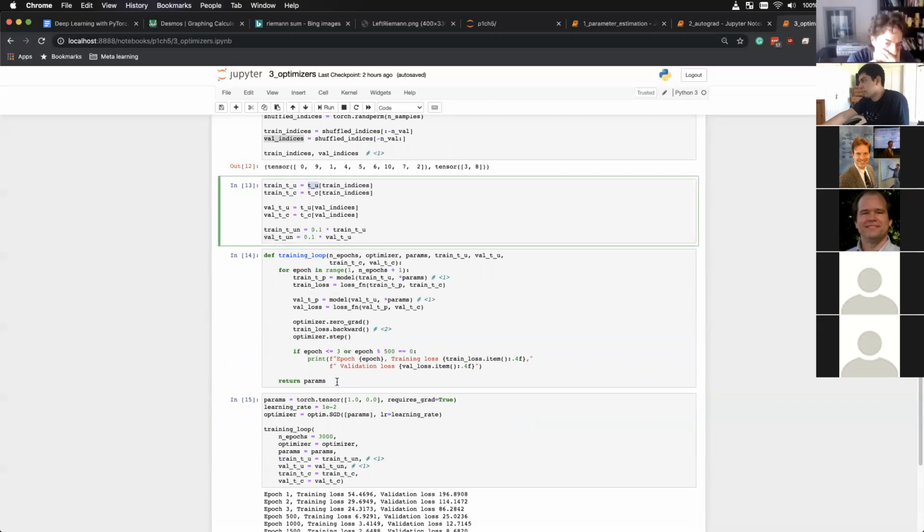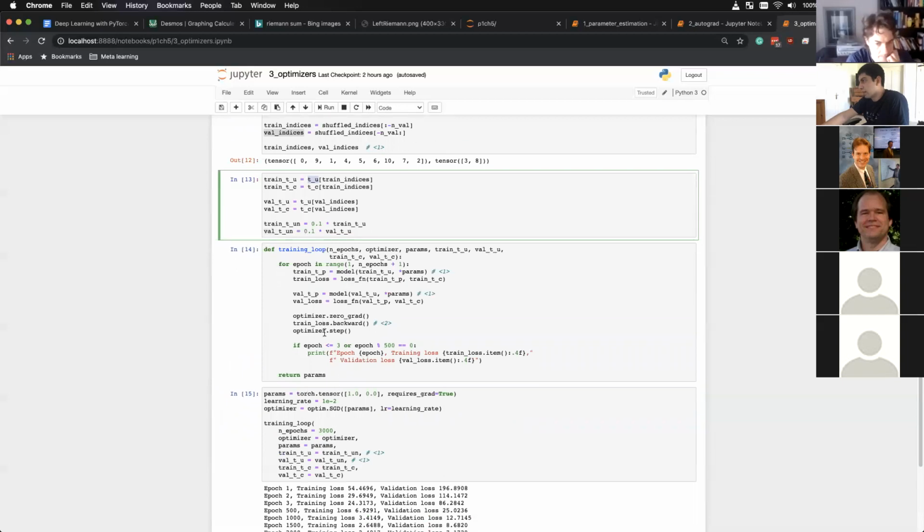Another side comment is this training loop is probably going to be very, very similar in almost every single project that you do. A lot of people have built frameworks like PyTorch Lightning and Ignite and various other things that simplify this, so you don't have to actually write any code for this. You just directly say, this is the optimizer I want, here's the model, here are various other parameters you might want, here's the loss that I want you to optimize for.